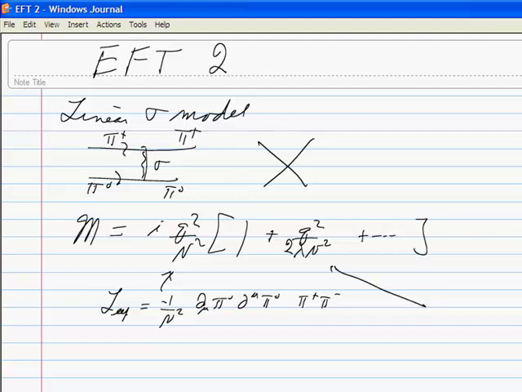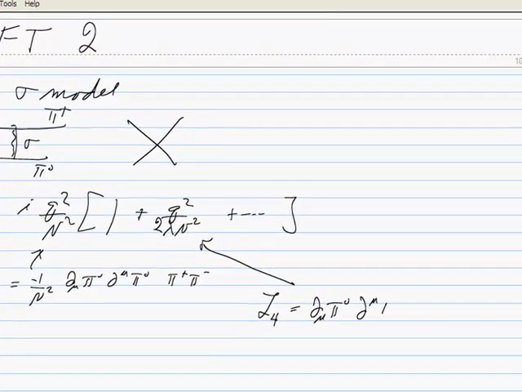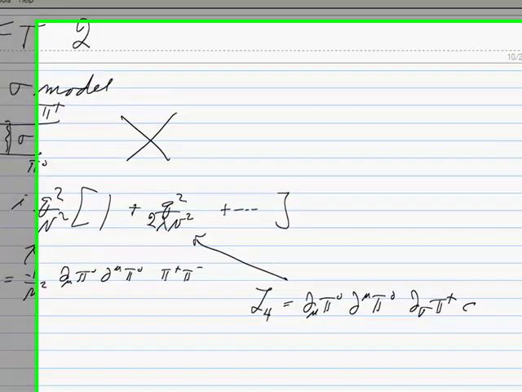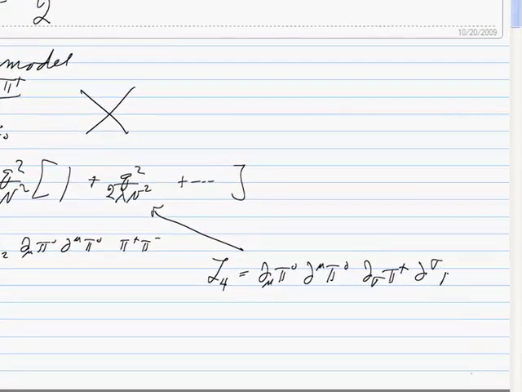What I didn't quite get time to do is we can do one for that too. The effective Lagrangian for that could be, let's call it L4 because there's 4 derivatives. Could be d mu pi 0, d mu pi 0, d sigma pi plus, d sigma pi minus.